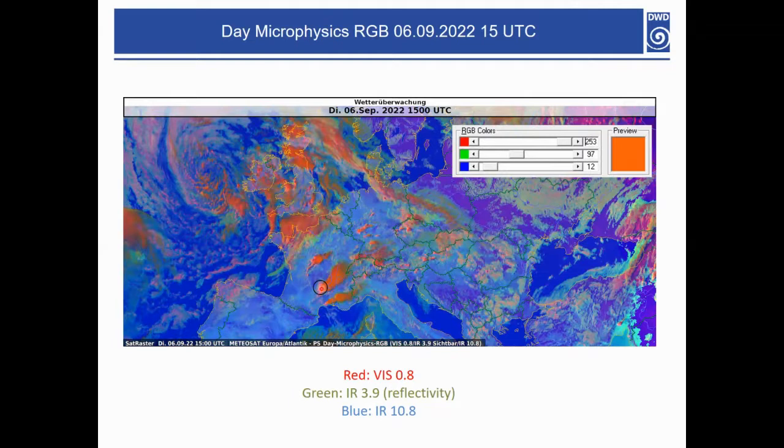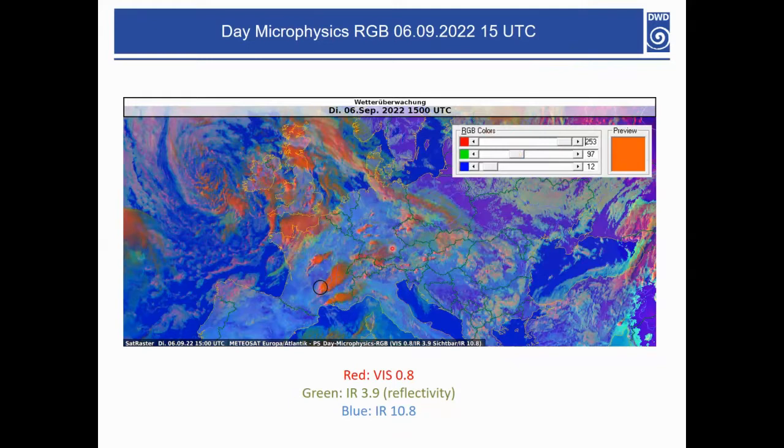With this point here, which I've also shown in the RGB colors preview, we have a very bright orange. When we dissect the channels again, the red component responds to optical thickness, which, as we've seen earlier, has a very high response. The green channel correlates with particle size, and we got a medium response there, which indicates that we got smaller particles than in a regular high cloud.